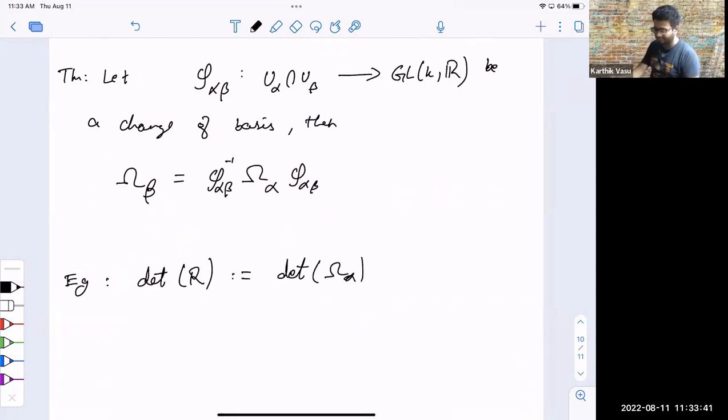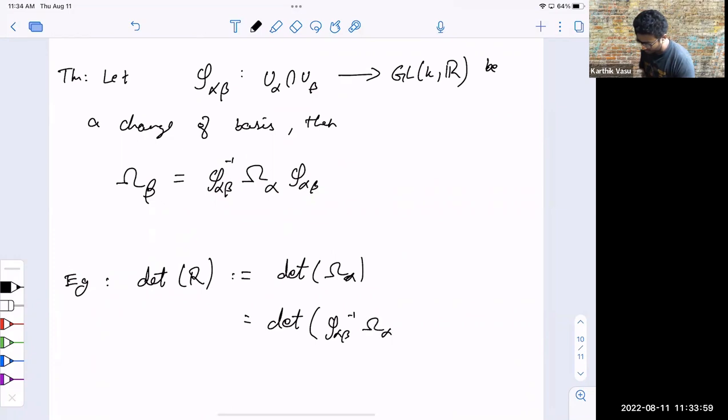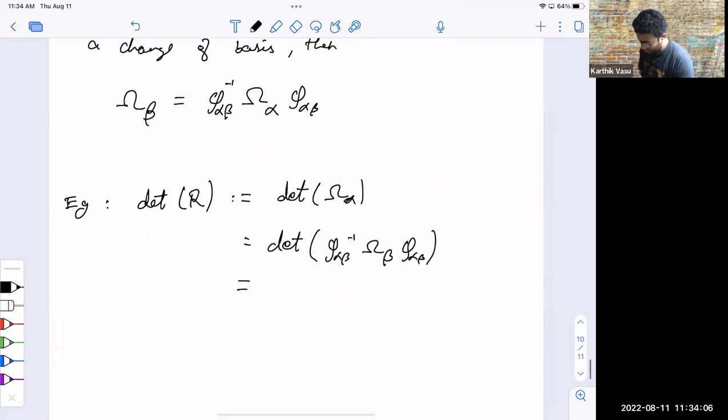Locally I can define these. Since in the determinant, when you apply A and A inverse, it will cancel off, when I did a change of basis this would have been equal to determinant of phi alpha beta inverse omega beta phi alpha beta. But by properties of determinant, these two will cancel off. This will just be determinant of omega beta.